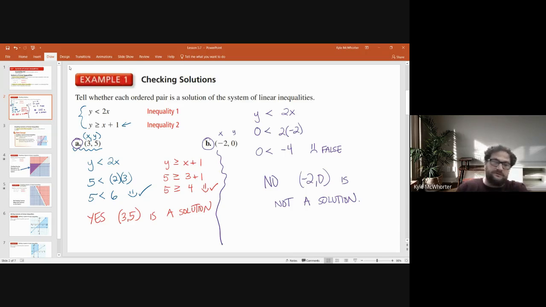All right, so to find if it's a solution, you take the ordered pair and you just plug it into both inequalities. And in order to be a solution, it has to be true when you put it into both inequalities. If it's false in either inequality, then it's not a solution. Okay, so that was just testing an ordered pair to see if it's a solution.